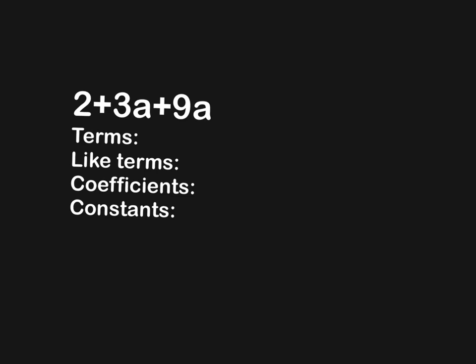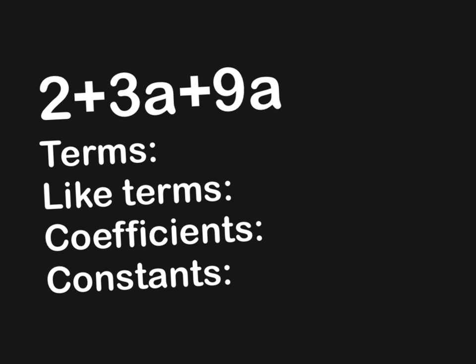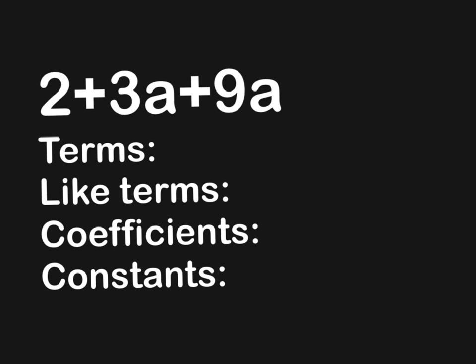So if you were told by Mr. Marshmallow that you had to identify the terms, like terms, coefficients, and constants in the expression, what you would do is you would get one of these problems. Like right here.